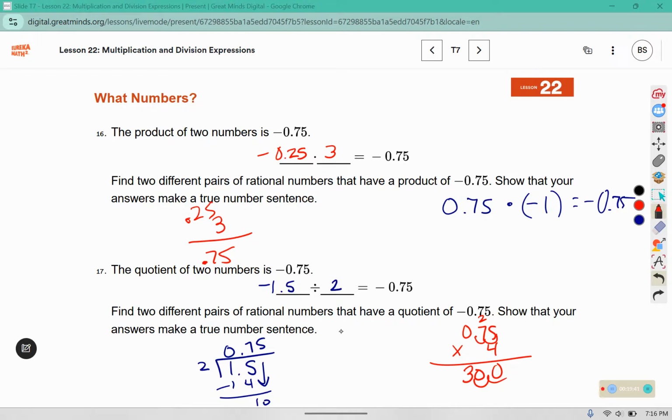So that would be 3 and 4. We can think of it as 3 divided by negative 4, would give us 0.75, but the negative version. And we know 3/4 is 0.75, so 3 divided by negative 4 would be negative 0.75.